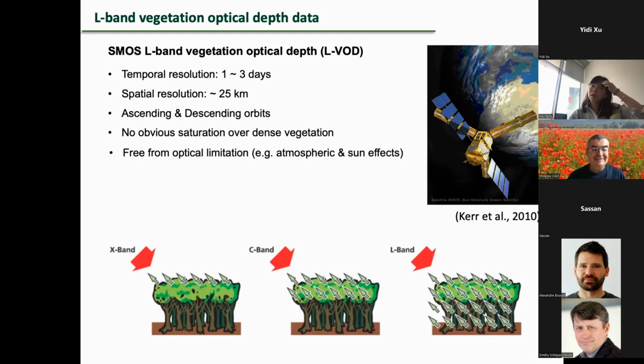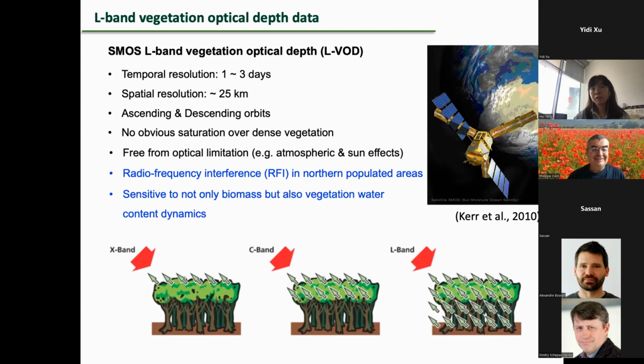I know there are quite different opinions towards the VOD. The VOD does have some limitations, like signal disturbance from radio frequency interference in the northern populated regions. That's why the earlier LVOD data only focused on the tropical region.